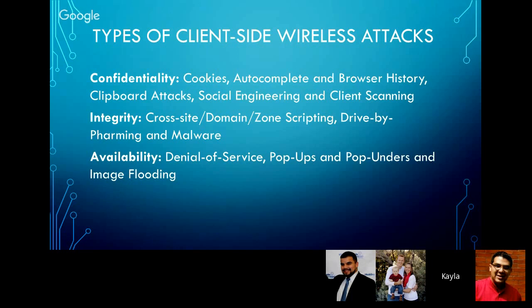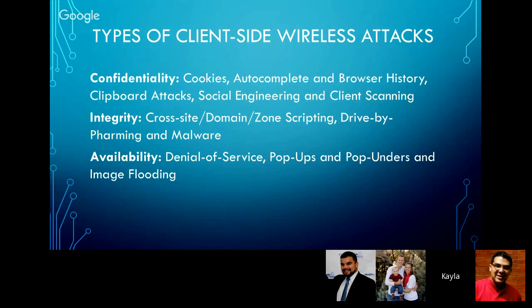So if we look at these kinds of attacks, we see cookies. They store a lot of information, and if an attacker can get those cookies, they are going to see a lot of information that is on the client, on the user. It is similar with autocomplete, browser history and clipboard attacks, because you save a lot of information, like bank accounts, and an attacker can use it.